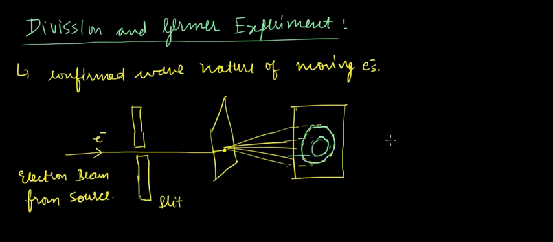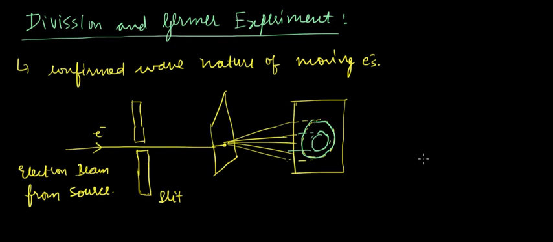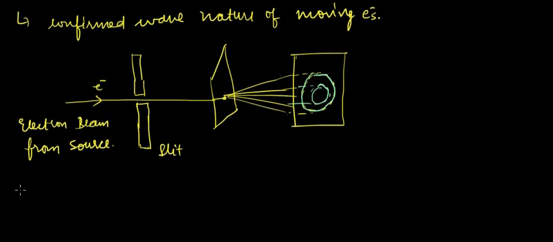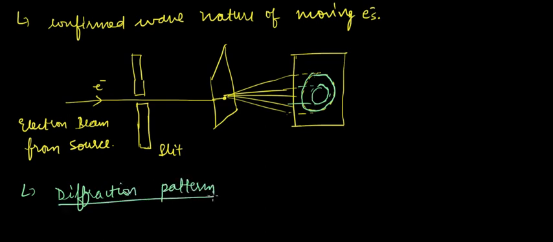So this experiment actually confirms the wave nature of moving electrons. This is nothing but a diffraction pattern from a small hole, on which the electron beams are bombarded onto a slit.